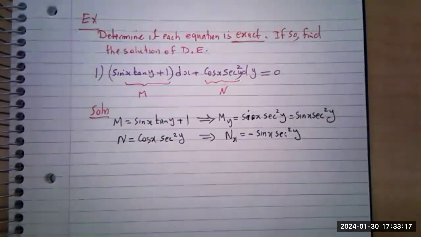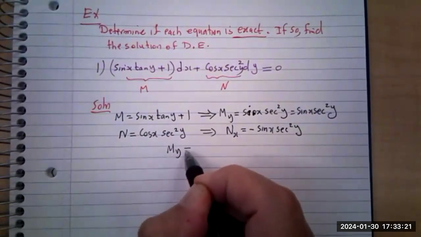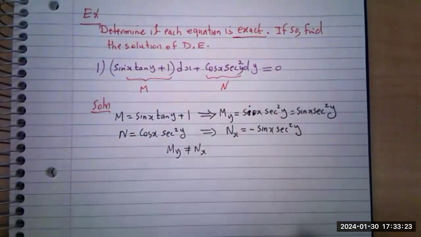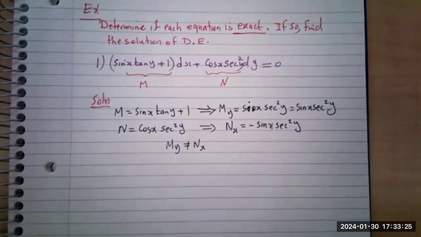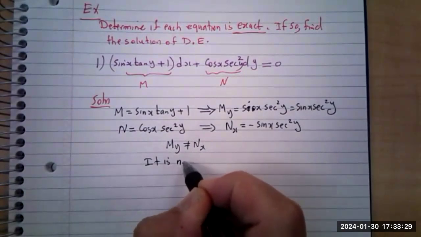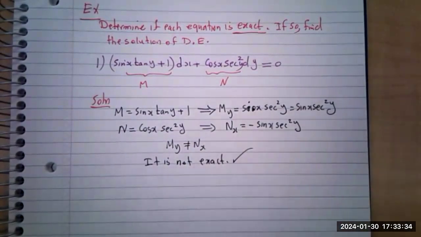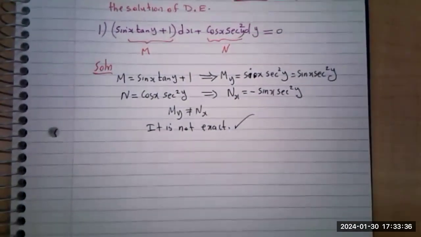As you can see, they are not equal to each other. So M sub y is not equal to N sub x, and the equation is not exact. This is done because it's not exact. Any question? Be careful, those signs are important.